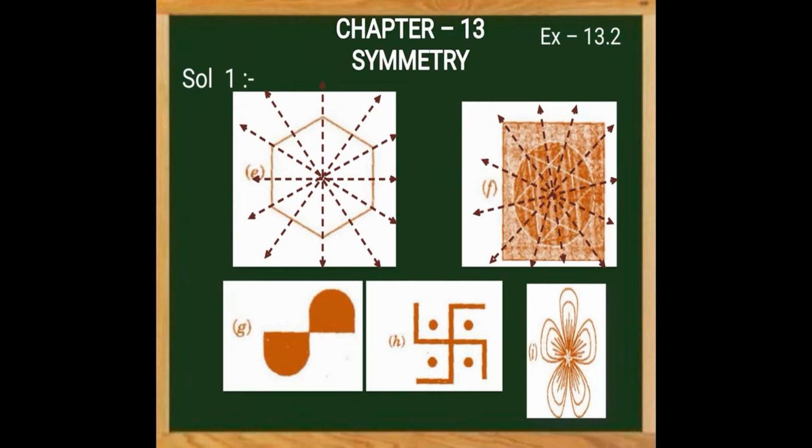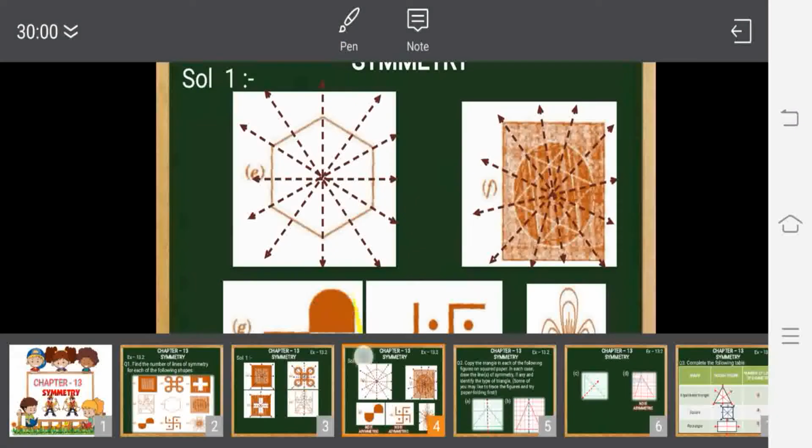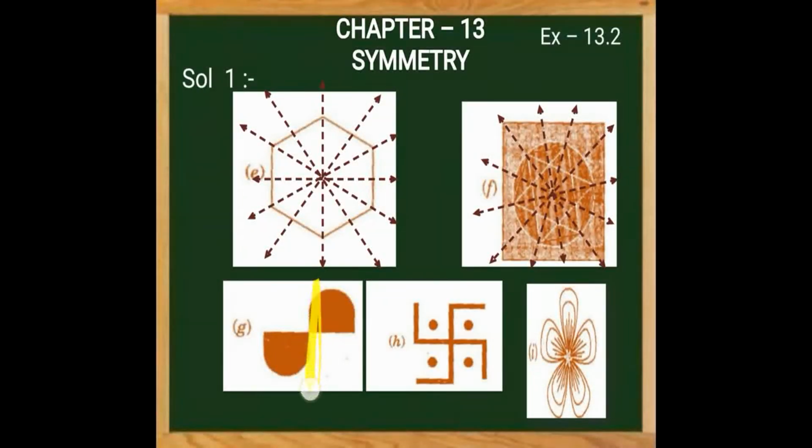Now if I look at the G part, if I try to draw a line of symmetry this way, it must have a similar semicircle here. If I want to draw a line of symmetry this way, it must have a similar semicircle on this side in order to overlap.